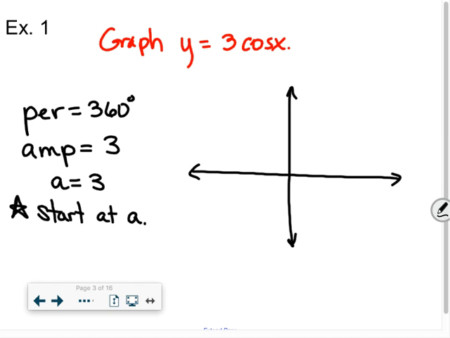So let's make a coordinate grid. We're going to do 4 ticks to the right and call it the period length. So that's 360. And we'll make the second tick 180. I'm going to go up and down to the A value.